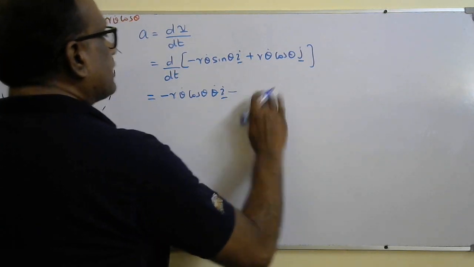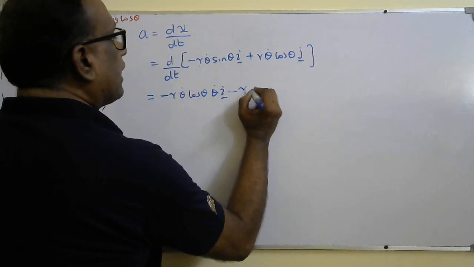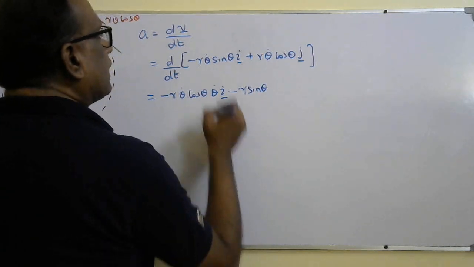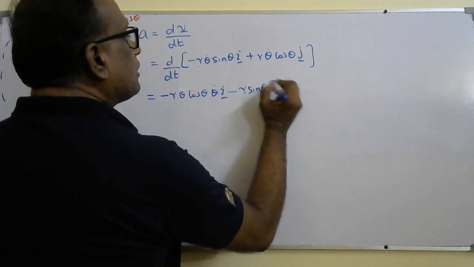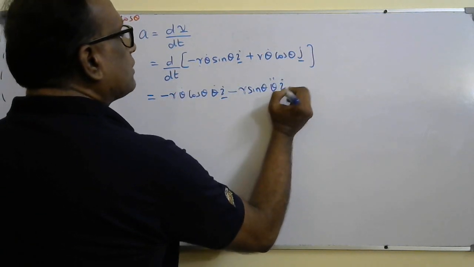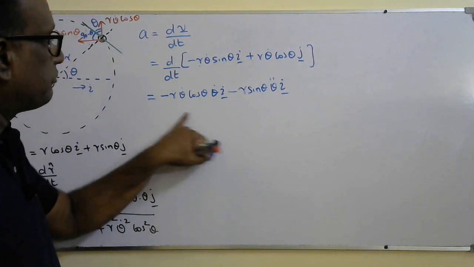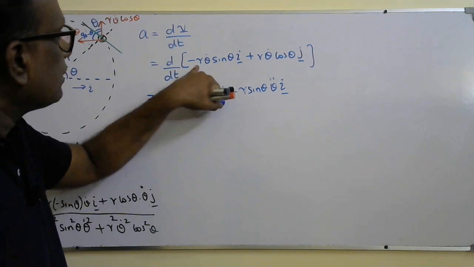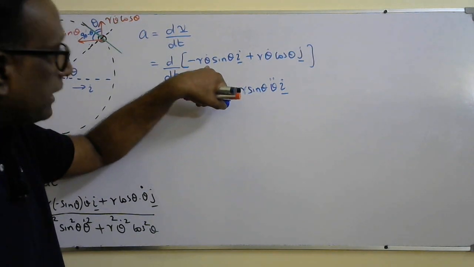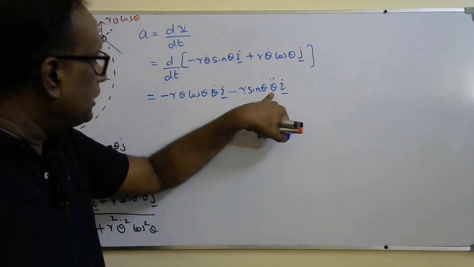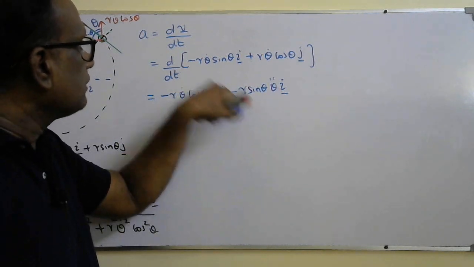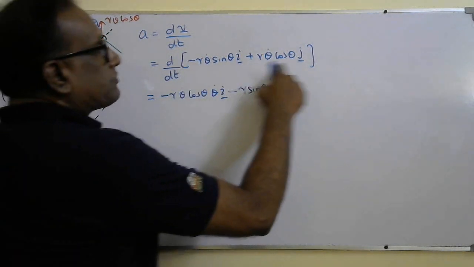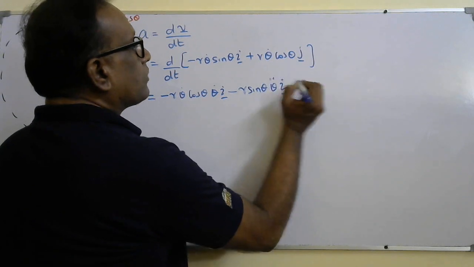So r sine theta into theta double dot i. Okay, so that's the differentiation of this first part: minus r sine theta, d theta dot over dt is theta double dot, i. This minus sign is from this one. Okay, we will differentiate this one now.